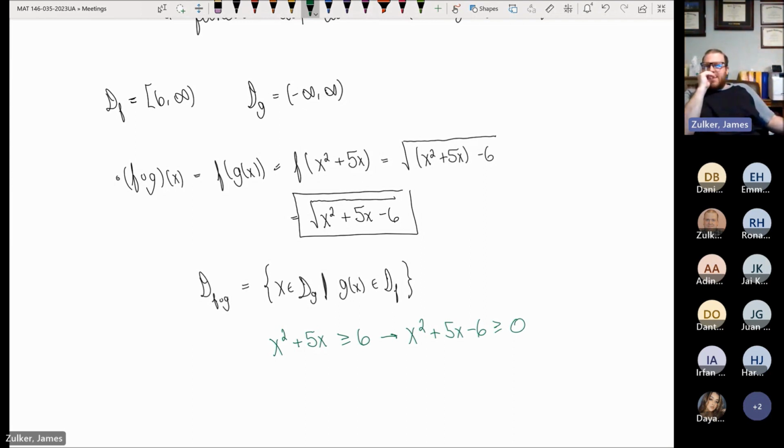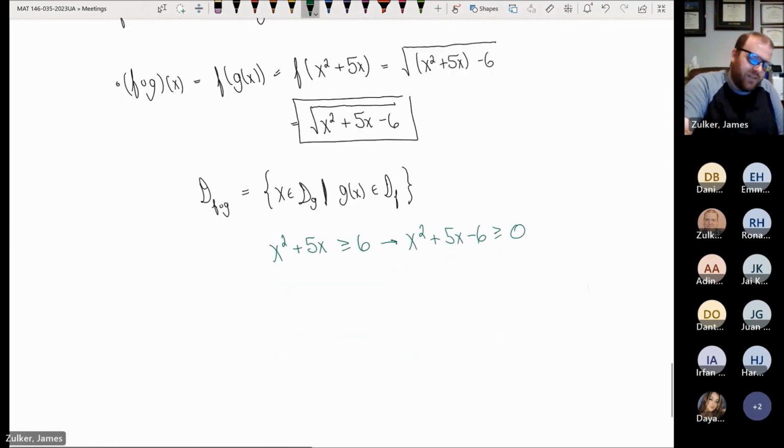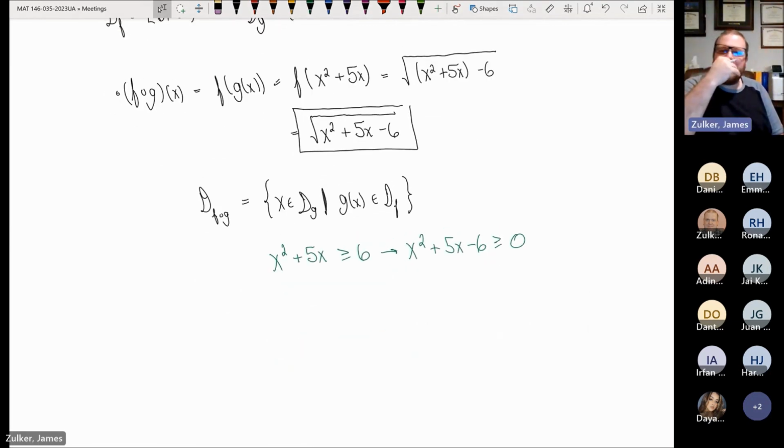So that means we have to have x squared plus 5x minus 6 greater than or equal to 0. Right? We looked at solving inequalities already.